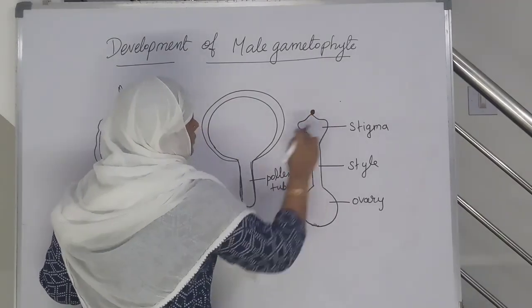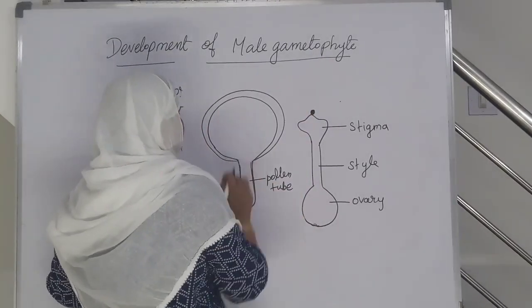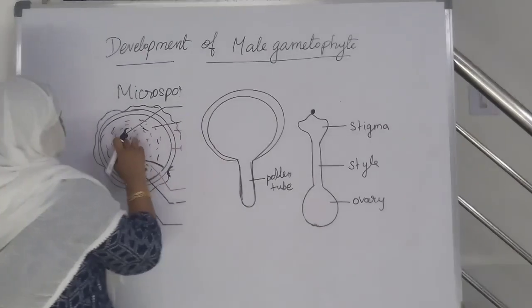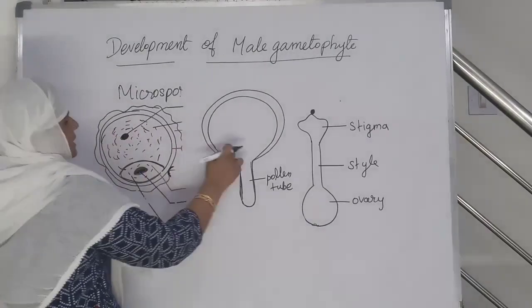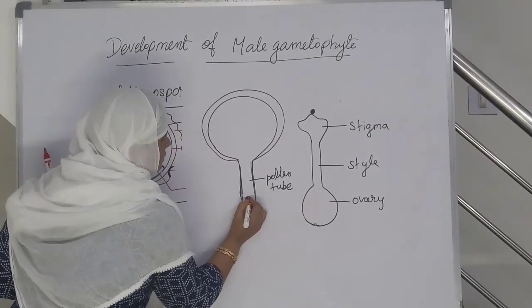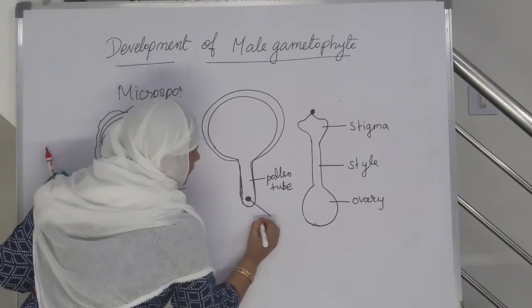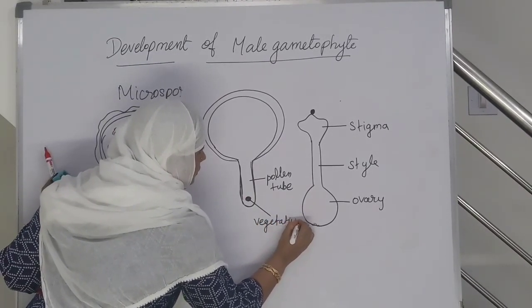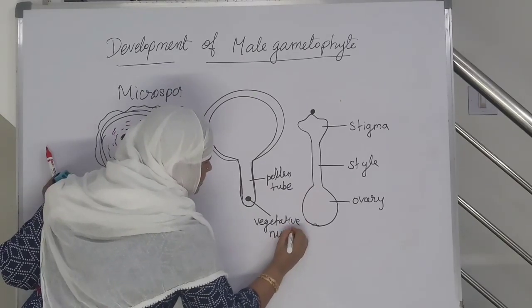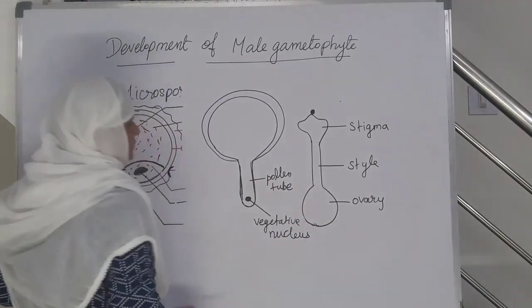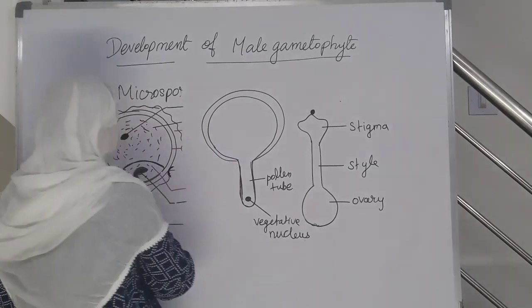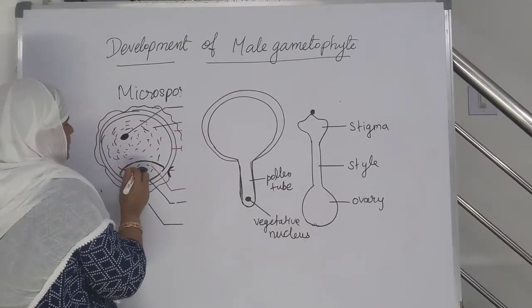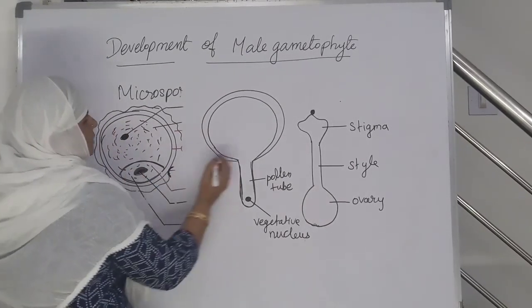Within this, the pollen tube will develop, and the vegetative nucleus enters here. And what happened to this generative nucleus?